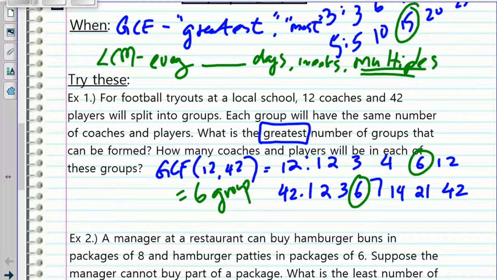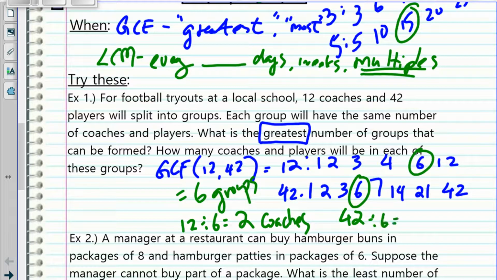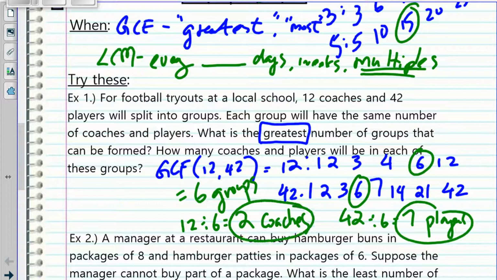So if you got 12 coaches, and you divide it by 6, that means you have 2 coaches for each group, and therefore, for 42 divided by 6, you have 7 players. So each group will have 2 coaches and 7 players in each of the 6 groups. So there are all your answers right there.